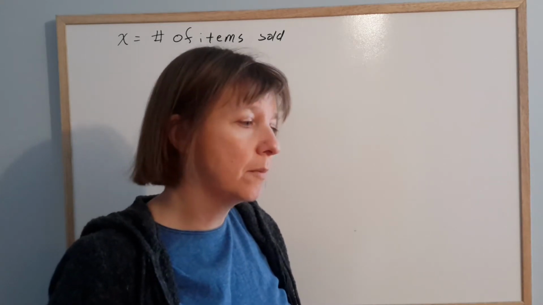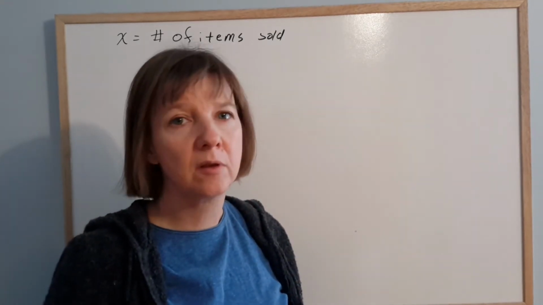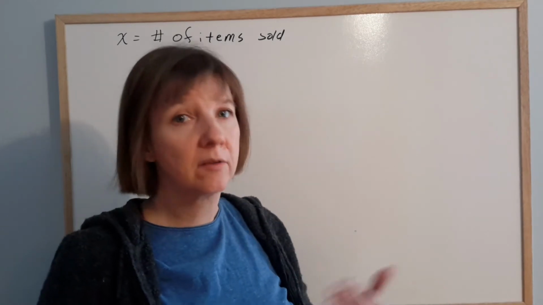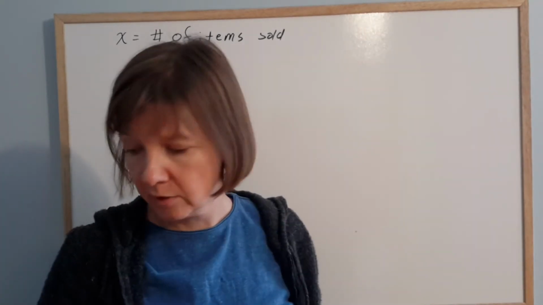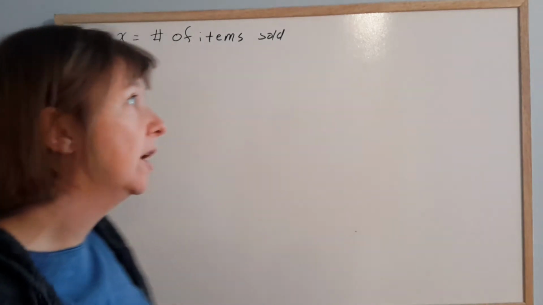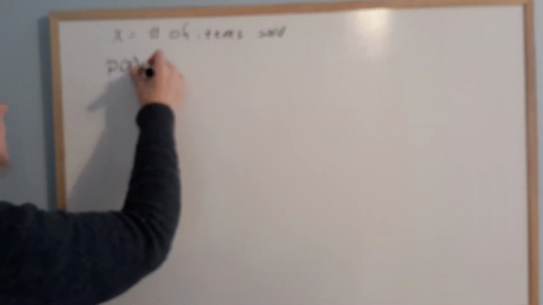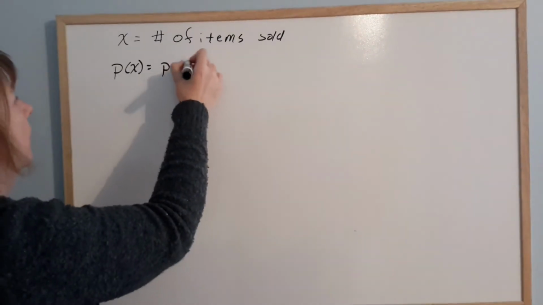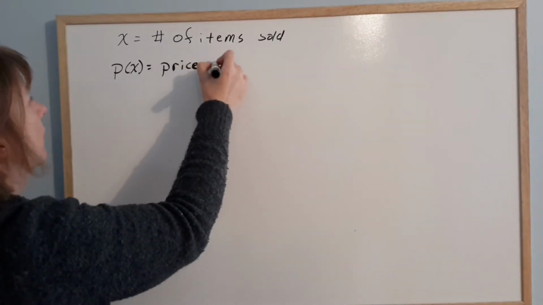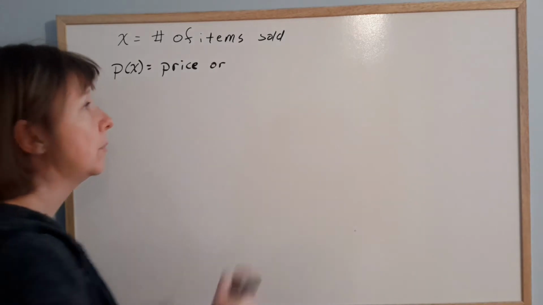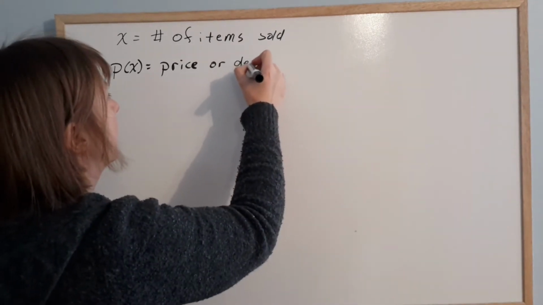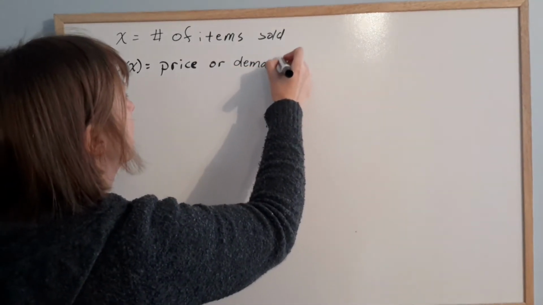If my business is selling t-shirts, then X is the number of t-shirts that I have to sell. And then we have little p. Little p stands for price, or sometimes in the business world, instead of calling it price, they call it demand.